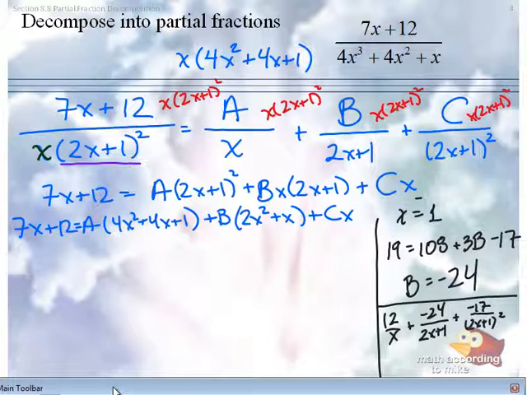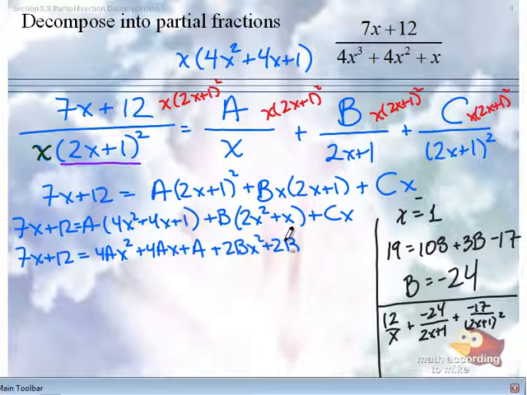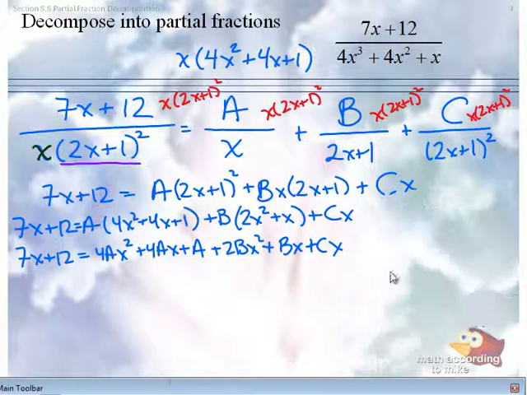So now if you distribute the A and the B through, we would get 4Ax squared plus 4Ax plus A plus 2Bx squared plus 2Bx plus Bx plus C.